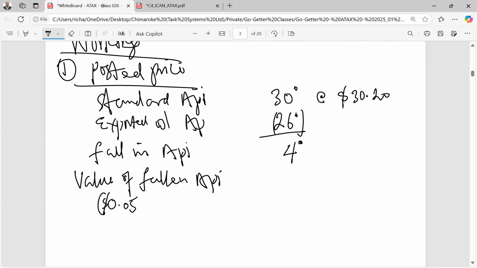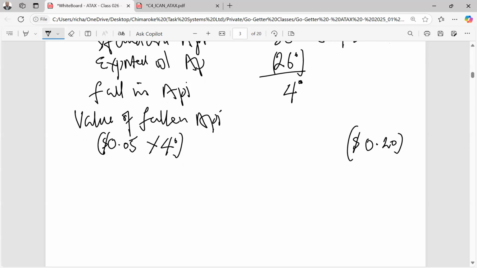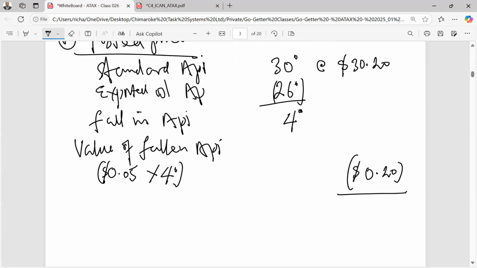And now there's 4 degrees, so 4 times 4 degrees. What would that be? 4 times 5 will be 20, so it will be 0.20. So that's a fall in API gravity. So you will reduce the posted price.